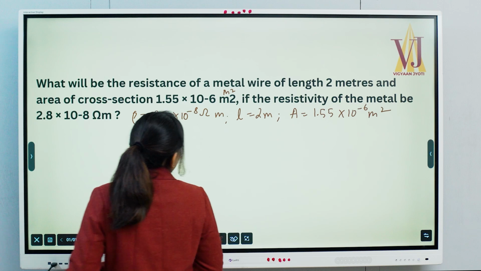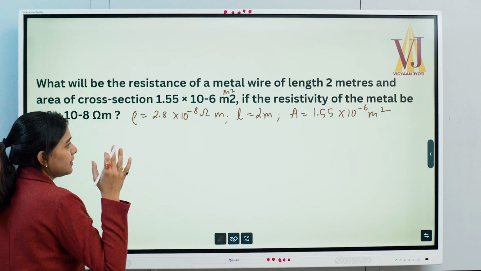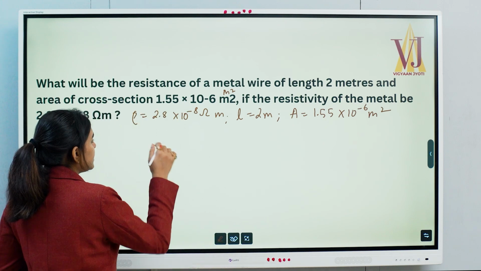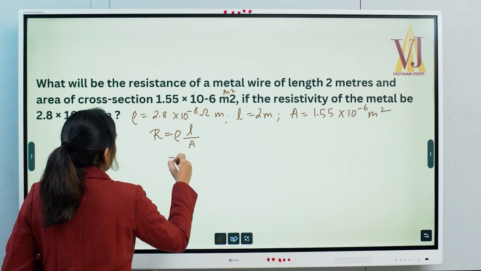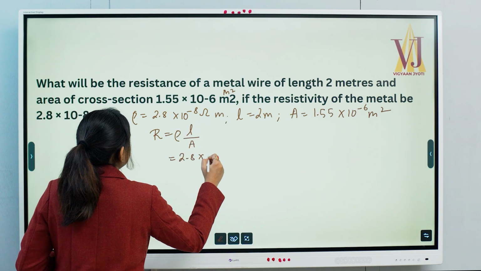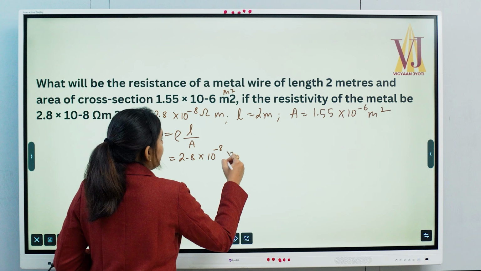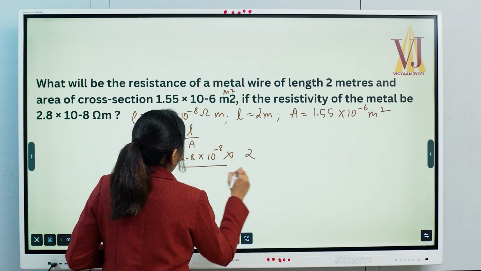Length is given, area is given, it's a very straightforward question, but you have to always write the equation first. What's my length? 2. What's my area?